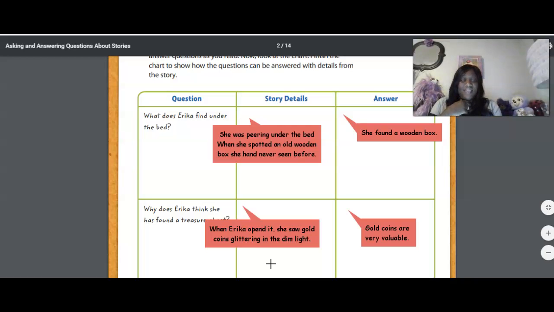So if something is a treasure, then that means it means a lot to you. It has a specific meaning to you. And so it's very valuable. And having gold coins, that's very valuable to have that many things in her chest.